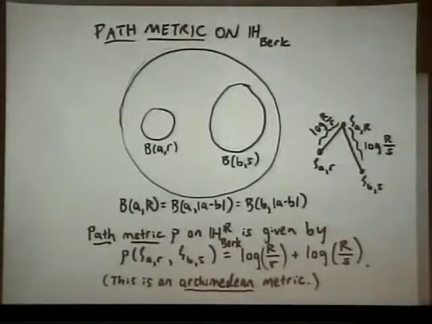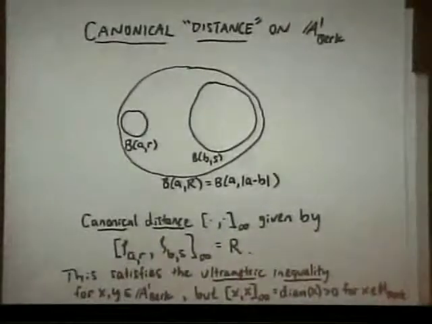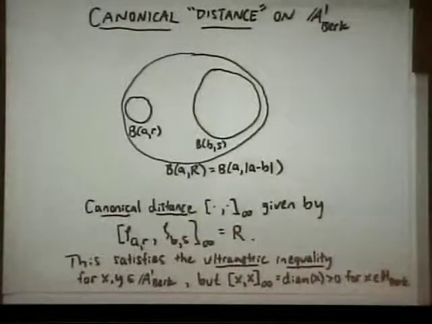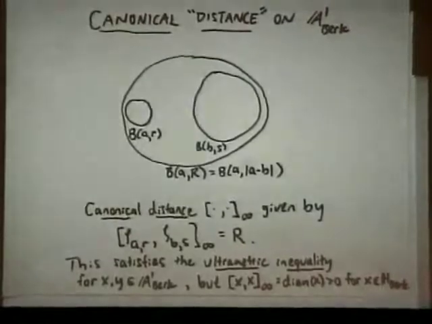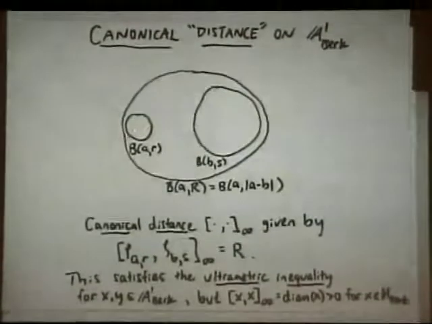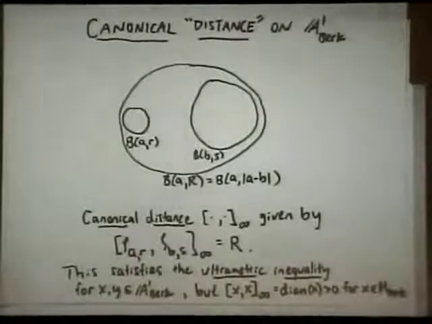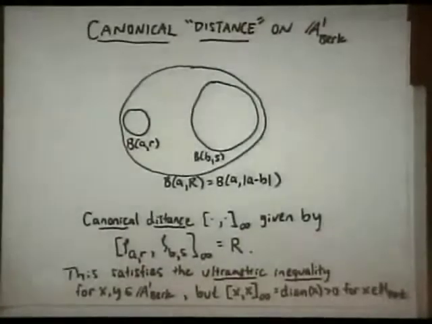Now, the ultrametric I was thinking about when I said that is the canonical distance, which is related but different. You'll recall that was the following. Again, you have 2 disks. You have the smallest disk containing both, which I called the least upper bound.